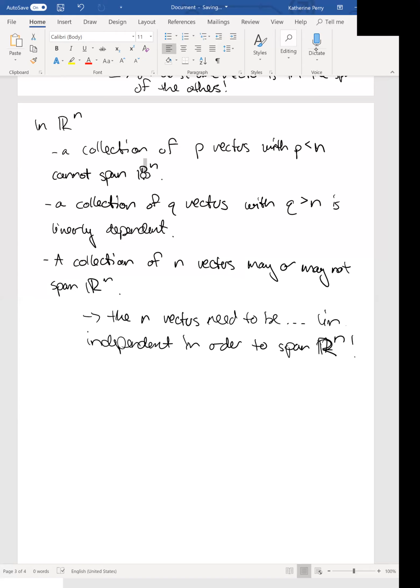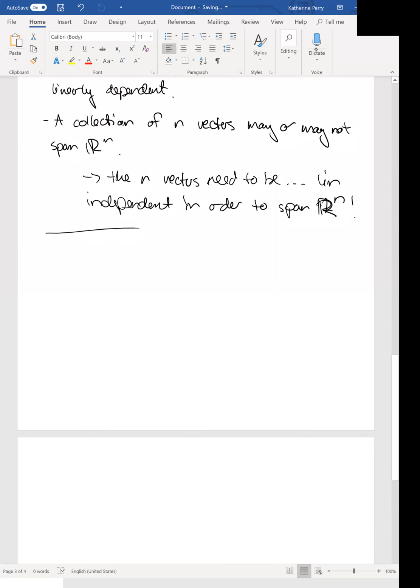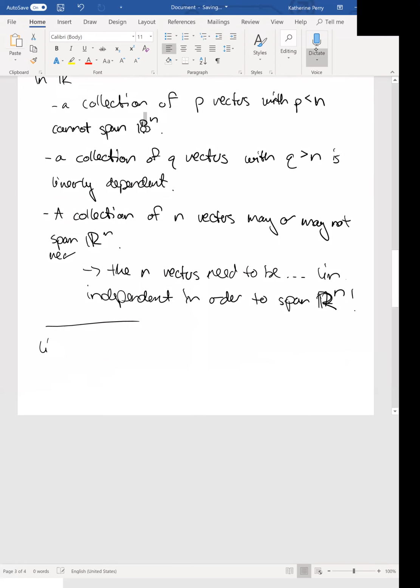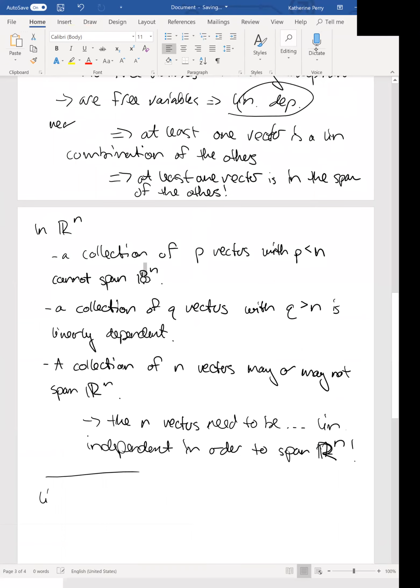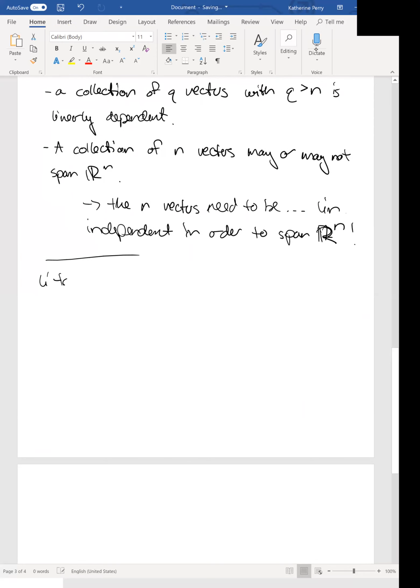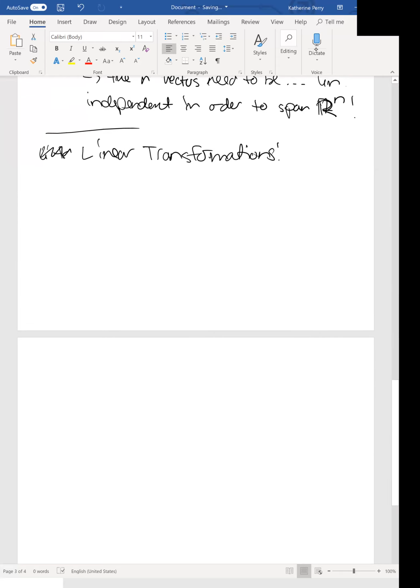All right. And so lastly, we left off talking about linear transformations. Here we first defined what a transformation is.